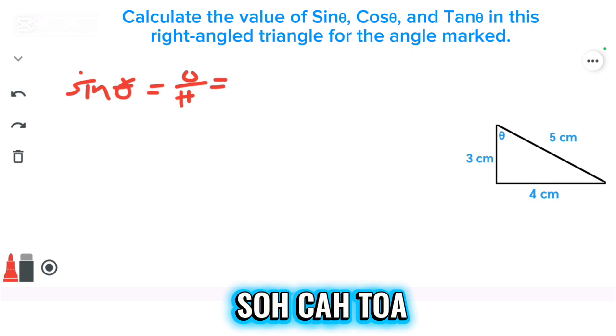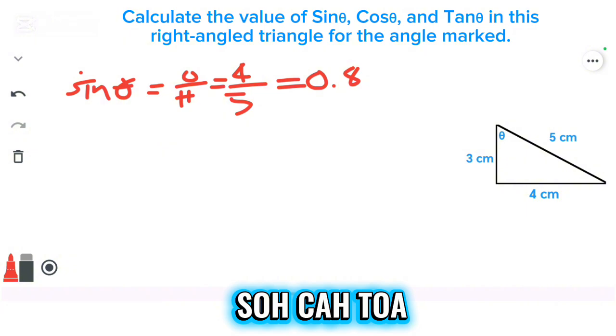Therefore 4 centimeter is the opposite side, and this side here is the hypotenuse. So we have 4 over 5, and 4 divided by 5 is equal to 0.8.